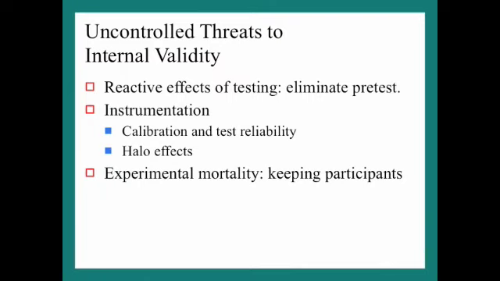Another is called the halo effect, where the person who is giving, or might be rating, say you're doing some kind of observational rating score test, the researcher or the observer may actually rate the beginning people and the last people differently over time. They either get closer to one another or further apart, so they change the way they rate the people.